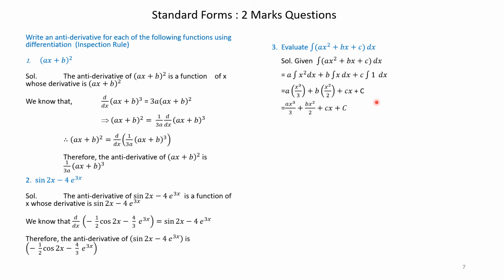Therefore, simplifying, ax cube by 3 plus bx square by 2 plus cx plus c. Question number 4. Evaluate the integral of (square root of x minus 1 over square root of x) whole square into dx. This is the given equation.